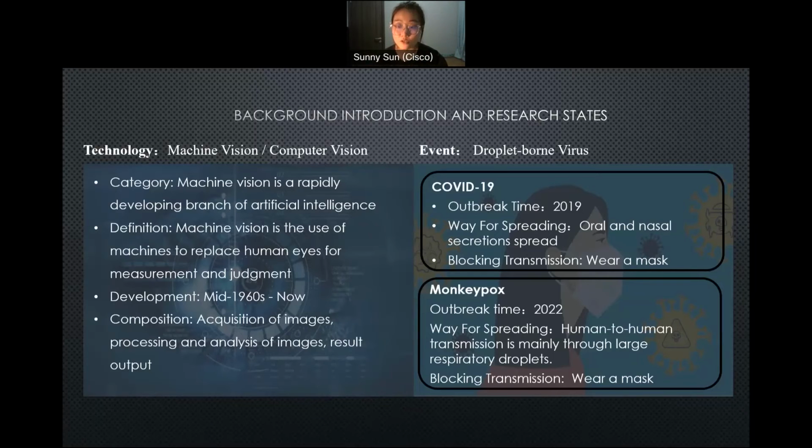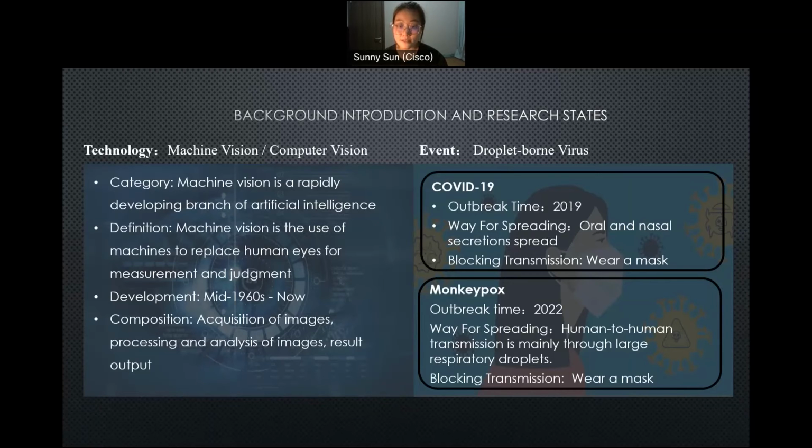An effective way to block the spread of droplets is to wear a mask. In public places, if both the transmitting party and the infected party wear masks at the same time, the infection rate will be reduced to 4%. So wearing a mask can effectively protect ourselves and others.